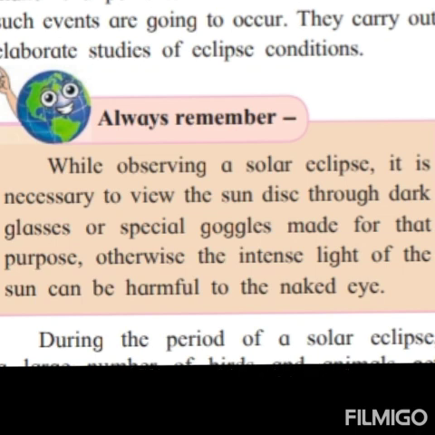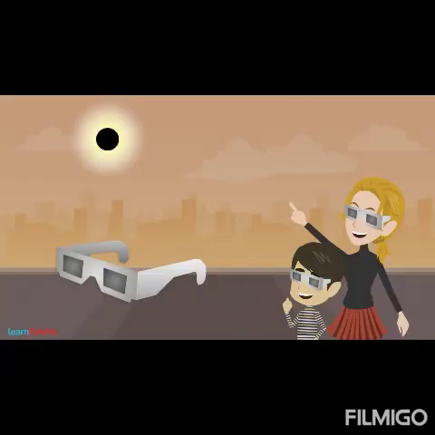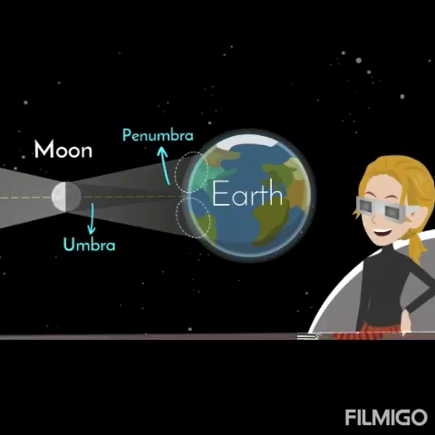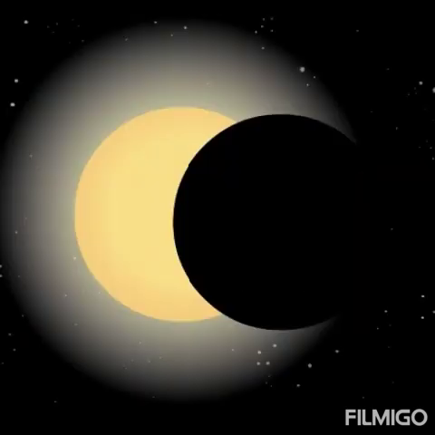Now, whenever you are observing a solar eclipse, you need to take care that you wear special goggles. Otherwise, it will be harmful for your naked eyes. Now, see the shadow, that is the umbra and penumbra. If you are in the penumbra region, you will experience partial eclipse because the moon is not able to cover the entire sun.